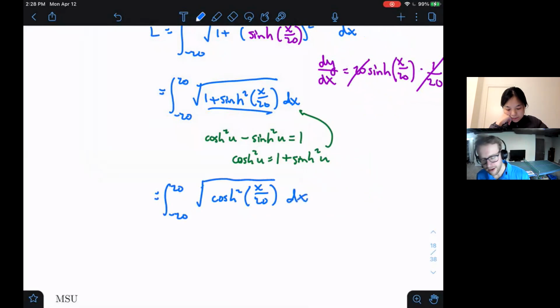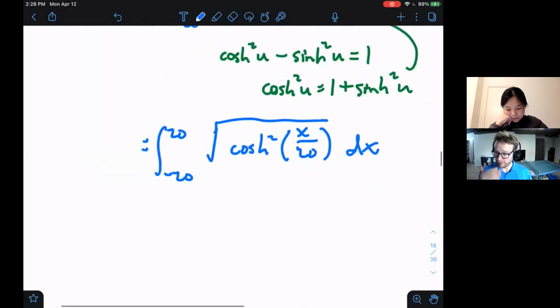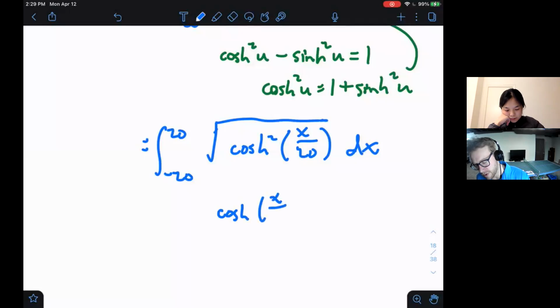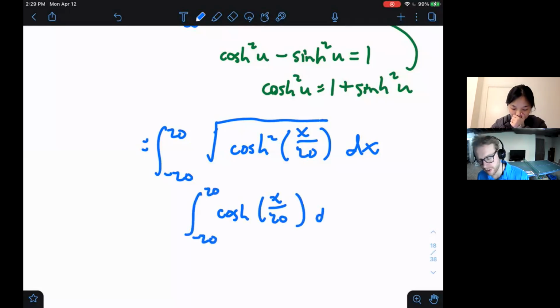We have now a perfect square, hyperbolic cosine squared inside of a square root. So these nicely cancel. Again, hyperbolic cosine is always positive, so you don't have to worry about any weird absolute values when you cancel out your square and your square root. And now it's time to integrate.